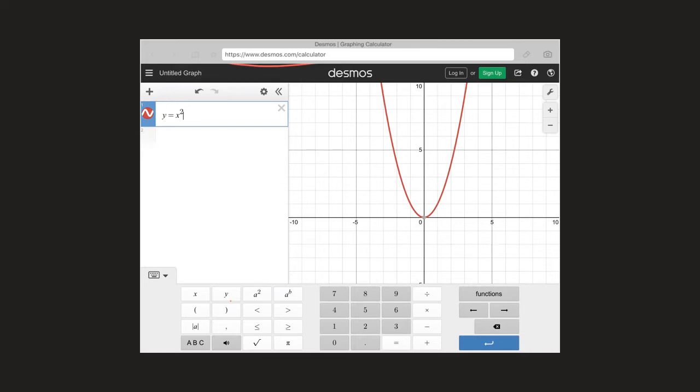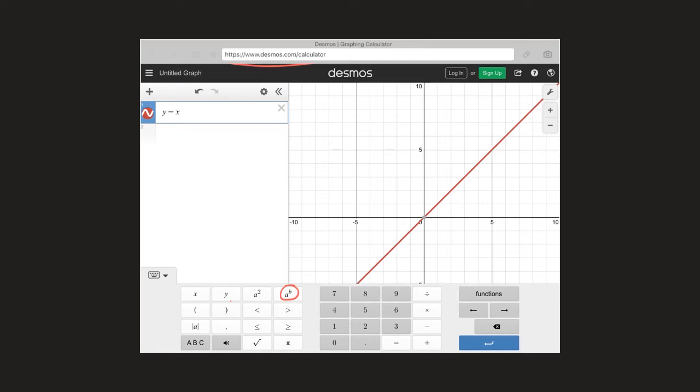Now, there are other relations on the page that don't just have exponents of 2. So if I delete that squared, some people will choose to use the generic exponent button. That's what you see there with your a to the exponent b.